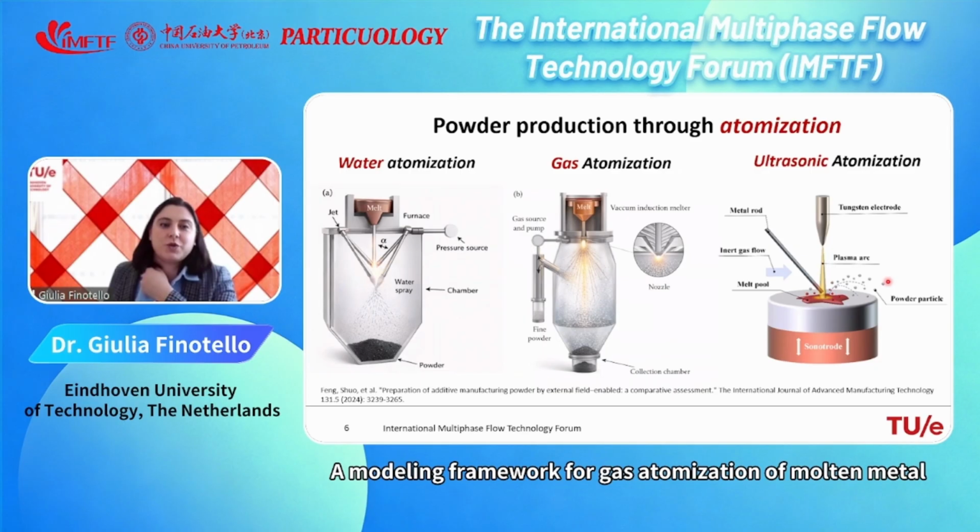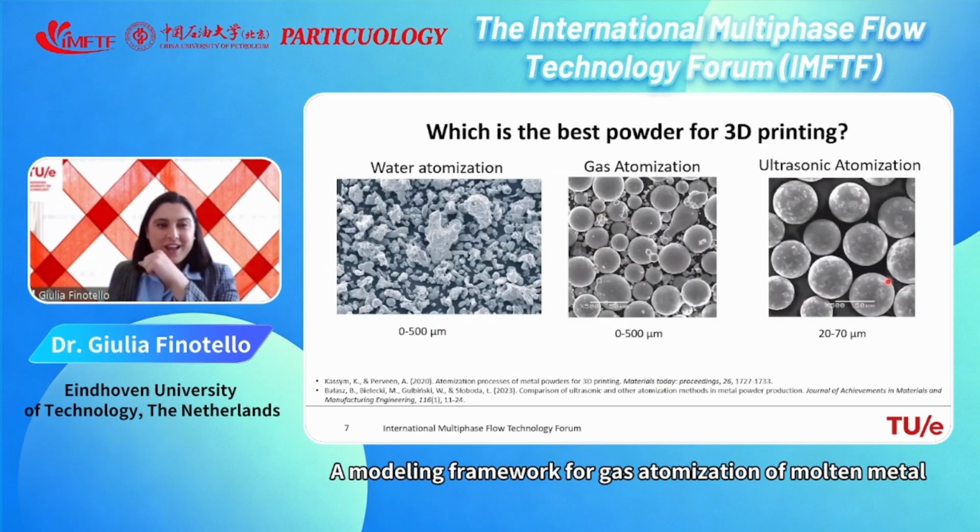So my question to you now, although you're too many to answer, and it's also online, let's try to do it together. Which is the best powder for 3D printing? These are some images of the powder that is produced with these techniques. You see that for water atomization, we have powder with a broad size distribution and also non-spherical shape.